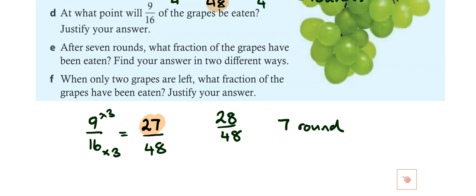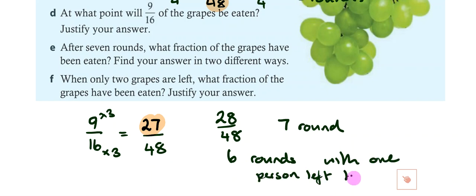So this would be 6 rounds and 3/4, with 1 person left to go. Alright? And we're in a real life situation, so we can just write that. It's 6 rounds with 1 person left to go.